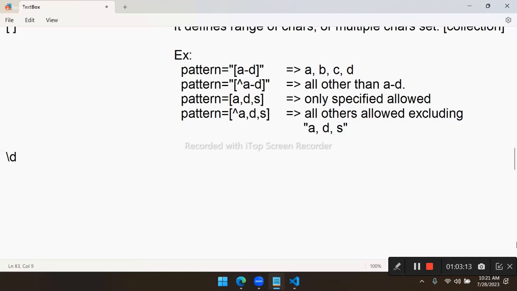And if you know computer programming, what does /D represent? In computer programming, /D represents an integer type.